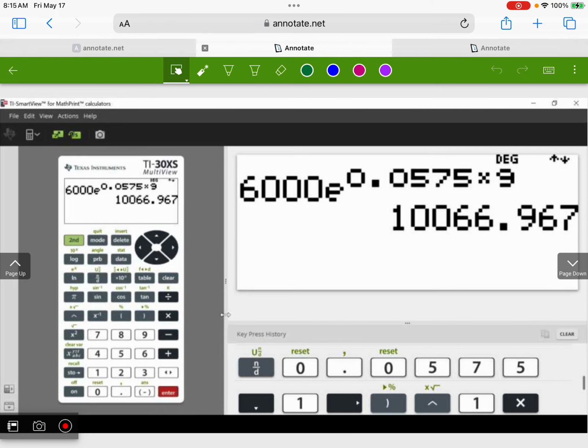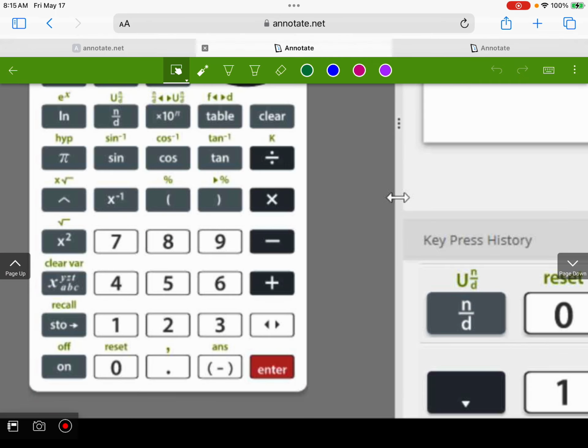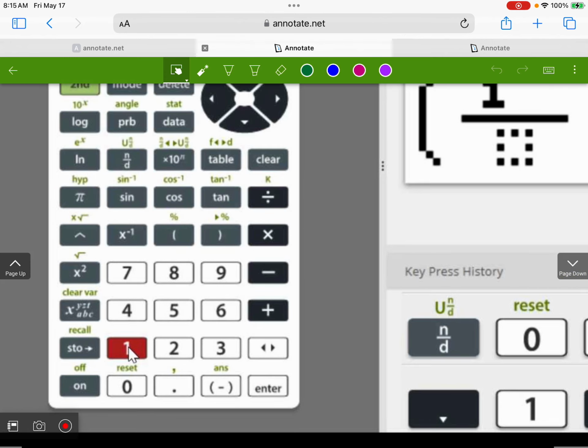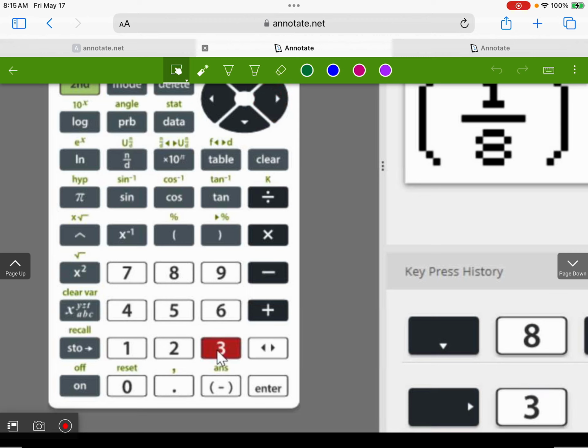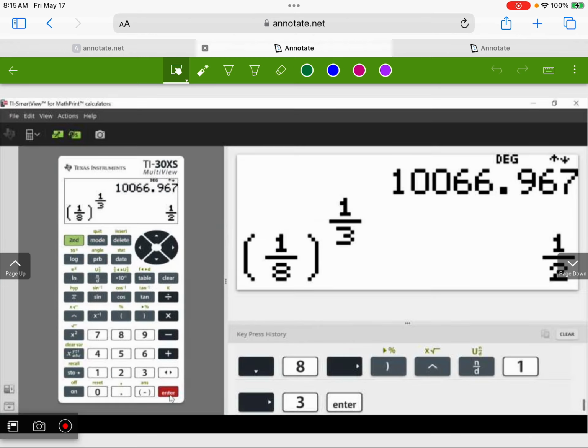In the calculator, we can do our fraction 1/8 to the power of the fraction 1/3, and it'll do that for us. What that's doing is the cube root of 1/8, because fractional exponents mean root. So the cube root of 1/8 is 1/2.